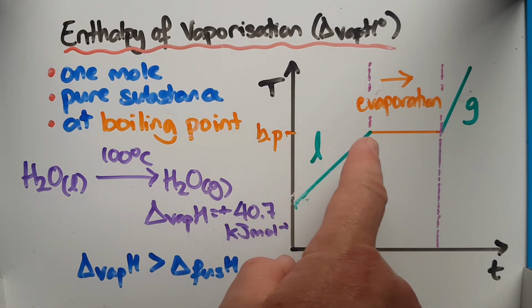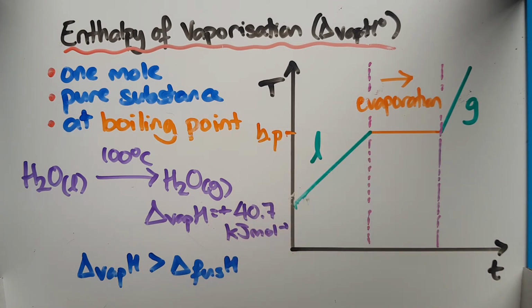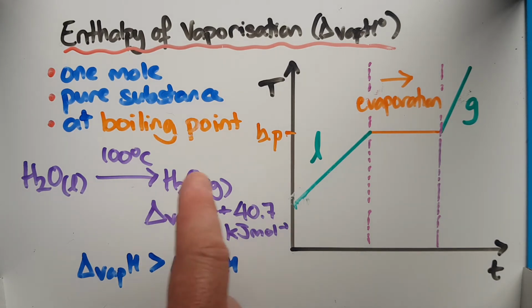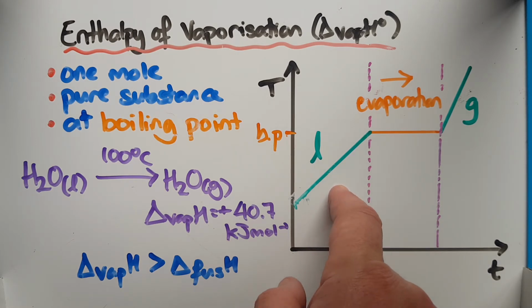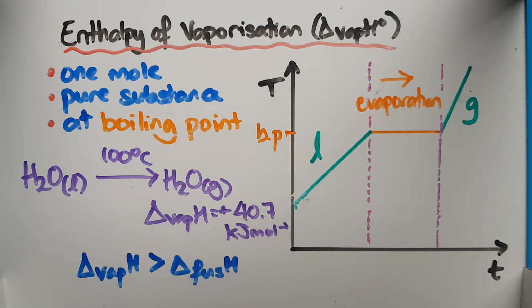Then it gets to a point, its boiling point, where there's no increase in temperature for a while. We're still putting heat energy in, so where is it going? Well, that heat energy is breaking bonds. It's breaking the bonds between those in the liquid phase, turning it into the gas phase. And that's where our enthalpy of vaporization comes in.